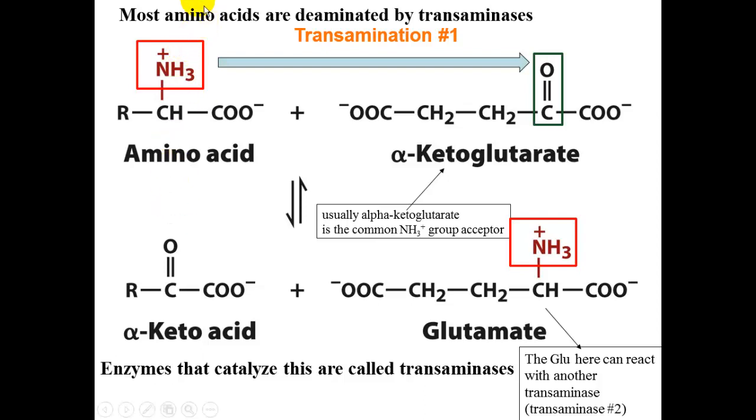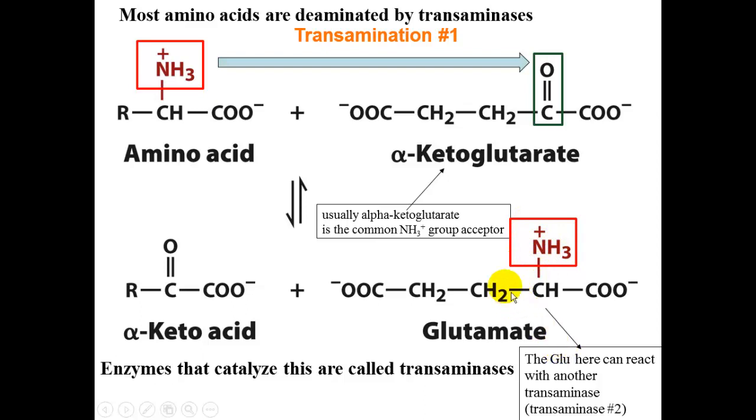So when the amino acid donates its amino group to alpha ketoglutarate, it itself becomes the amino acid known as glutamate. Remember, we talked about glutamate as being the central hub or the central reservoir of alpha amino groups. And then the alpha keto acid is formed from that corresponding alpha amino acid. So recognize what's in that red box. The alpha amino group has now been shifted to glutamate.